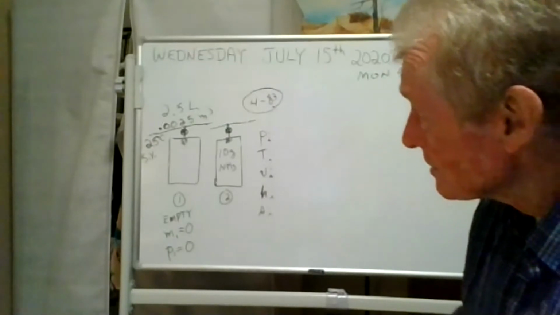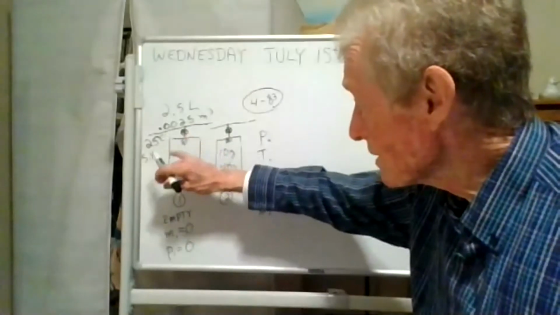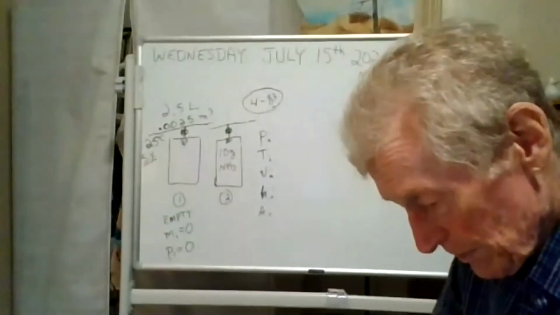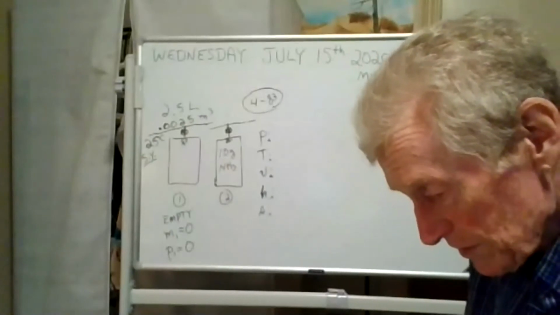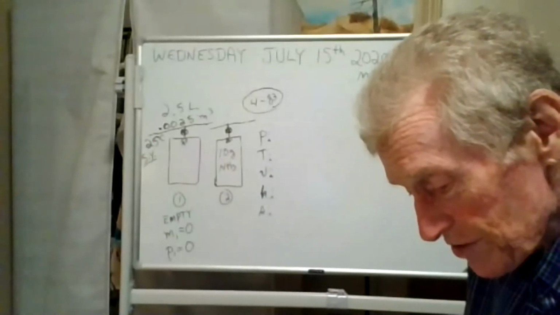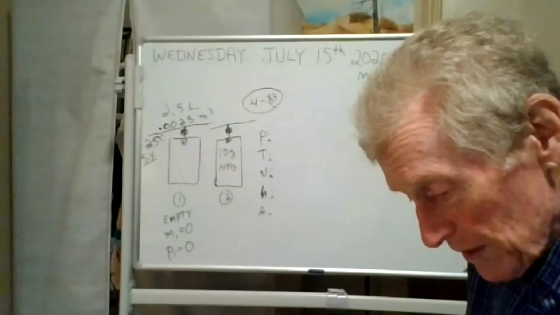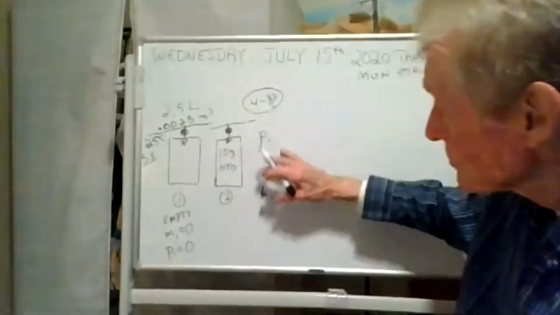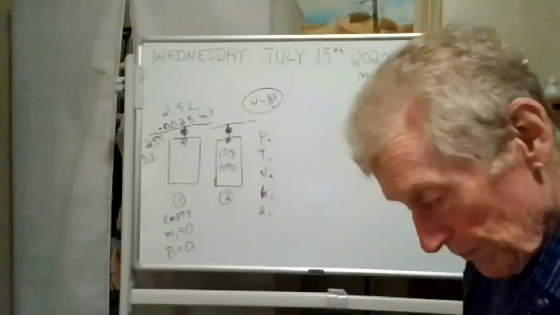Now, they said coming in, it's saturated vapor ammonia. All right, well, let's see. In a way, this is kind of a review. Saturated vapor, you should be able to look these up.